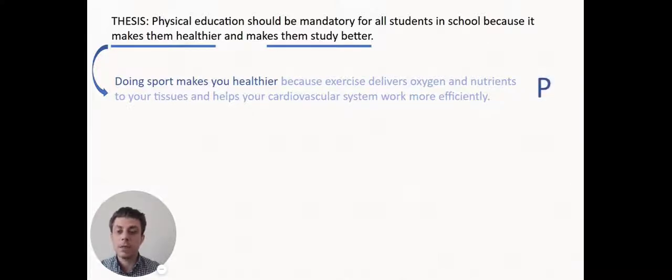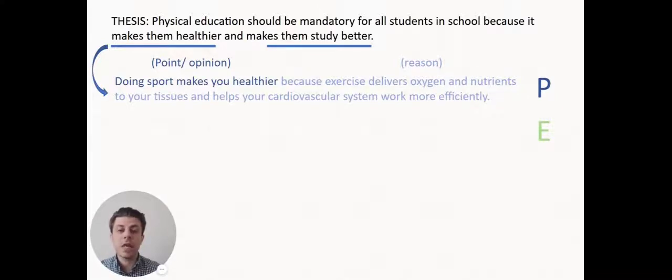This is the P of our body paragraph. This is the point. And it has an opinion or a point. Doing sport makes you healthier. And the second part is the reason or the fact or the support of that opinion. Now, after the P in a body paragraph, we will have the evidence.